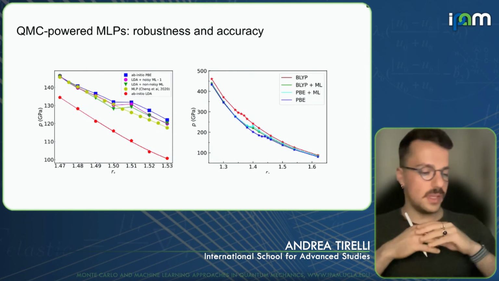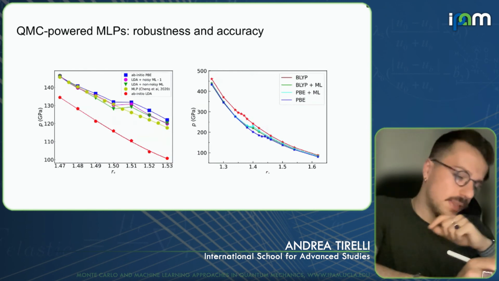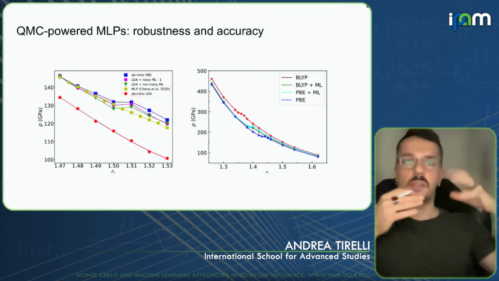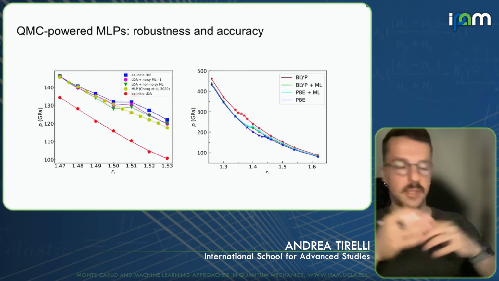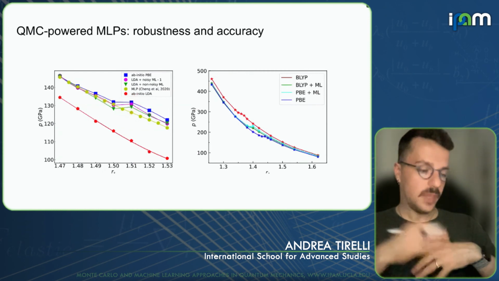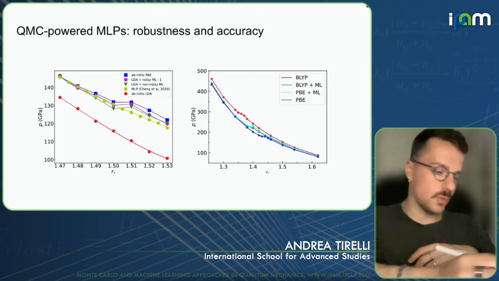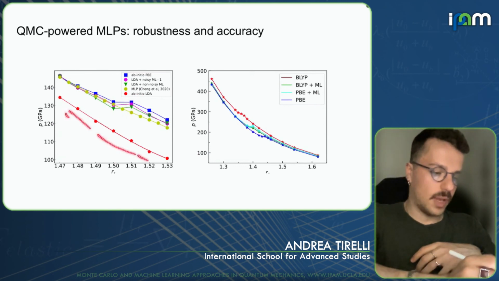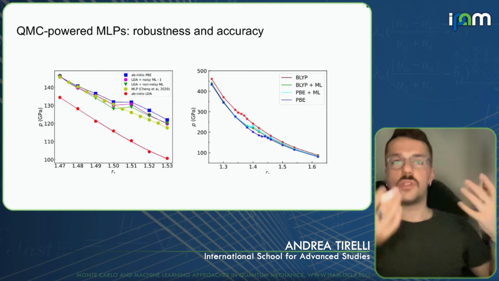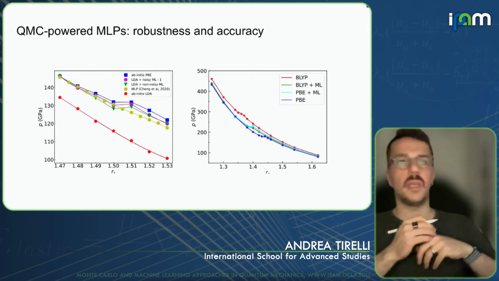And again, as you see here, the physics seems to be captured well, because we can detect a plateau, and the correction is doing something quite meaningful, because we go from this transition line to a transition line which is very close to the ground truth, which is our ab initio PBE.